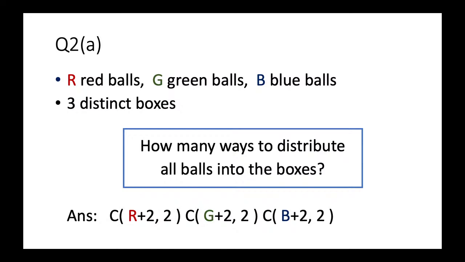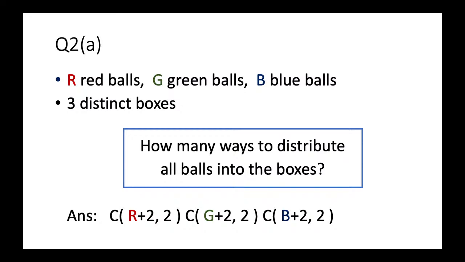It turns out that the number of ways to distribute red balls is to find out how many ways we can have three non-negative numbers adding up to R, because we need to specify how many red balls in the first box, how many red balls in the second one, and how many red balls in the third one.